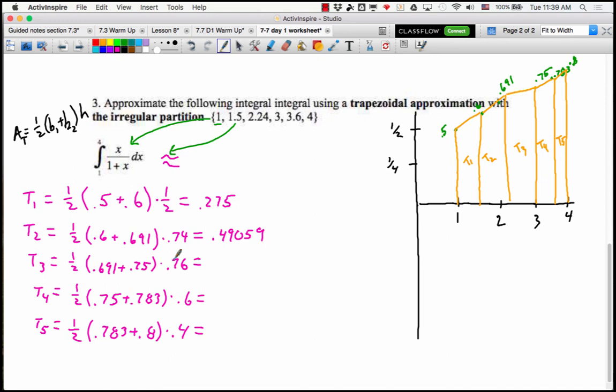Leo, 0.547. Which one are we doing? 3. 0.54758. Leo, Wilson. Still working? I got 0.4559.